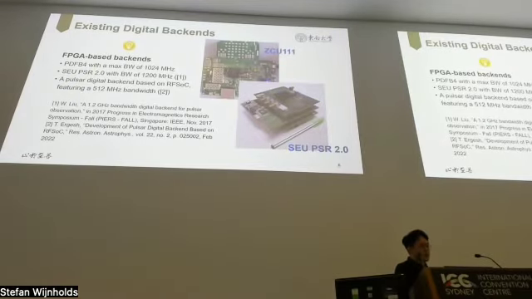Another category is FPGA based. Some examples are PDFB4 with a maximum bandwidth of 1024 megahertz, and our team's previous work is the SUPSR version 2 with a bandwidth of 1.2 gigahertz.